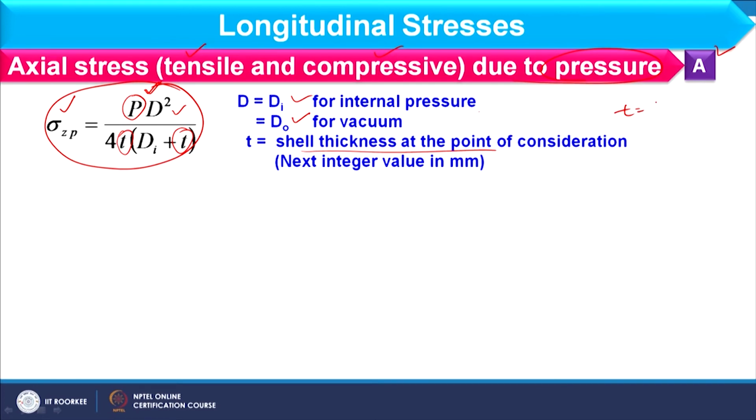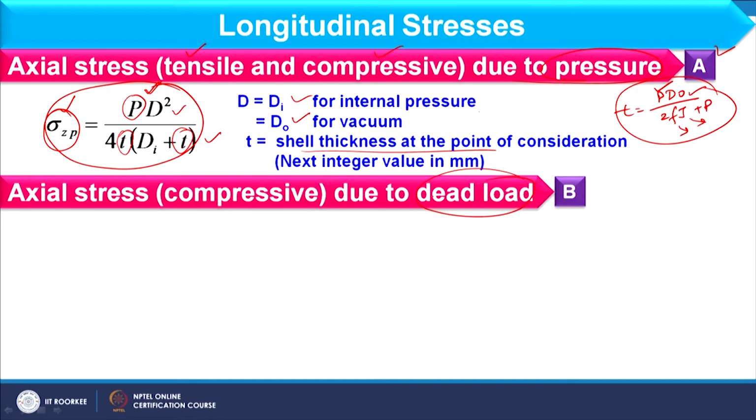T should be equal to P d_o by 2 F J plus P. So, P is the design pressure, d_o the outer diameter of the shell, F is the allowable stress of the material, and J is the joint efficiency factor. Considering this, you calculate T, and this T should be used over here to find the stress generated in the shell due to pressure. In that way we calculate the longitudinal stress.